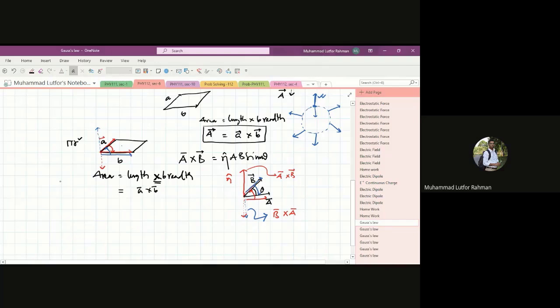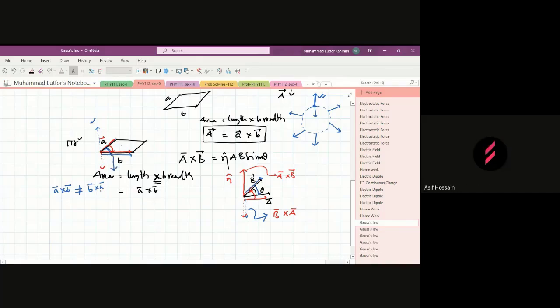That's why, in the properties of vectors, A cross B is not equal to B cross A. If A cross B is upward, then B cross A would be downward for this orientation, because this is my first vector, and if I rotate to the second vector, then this will be downward.